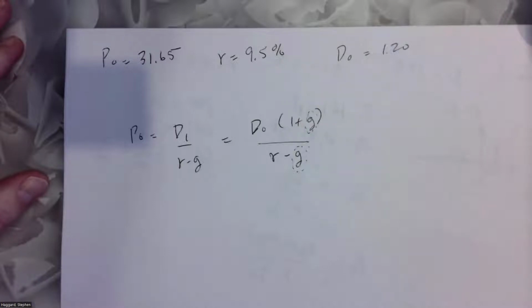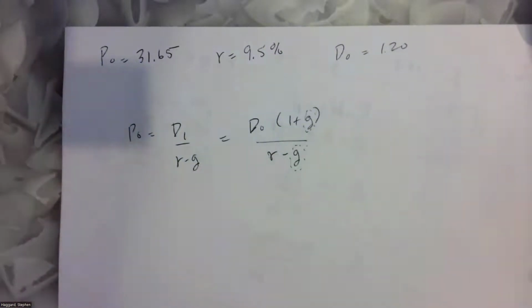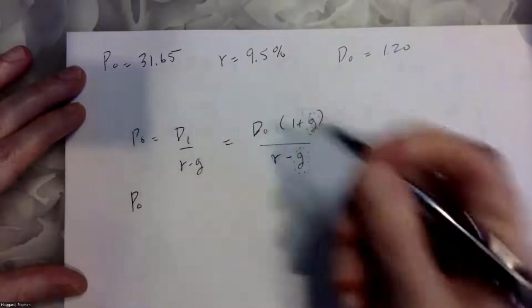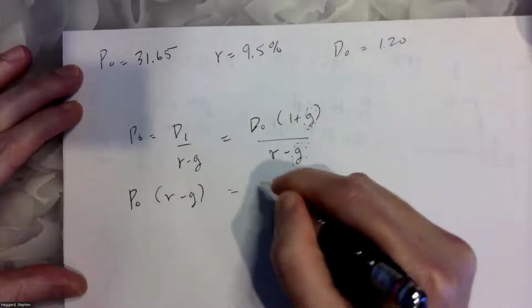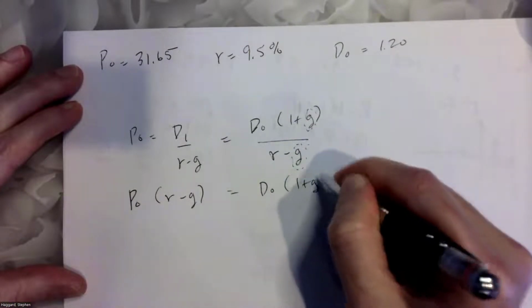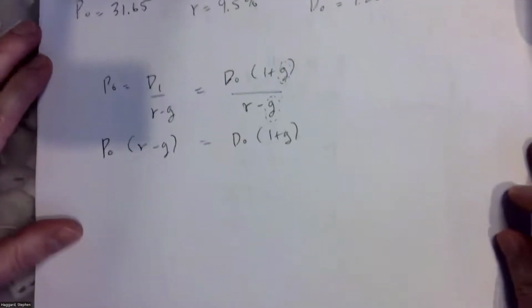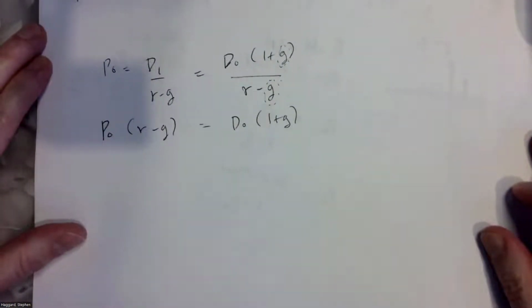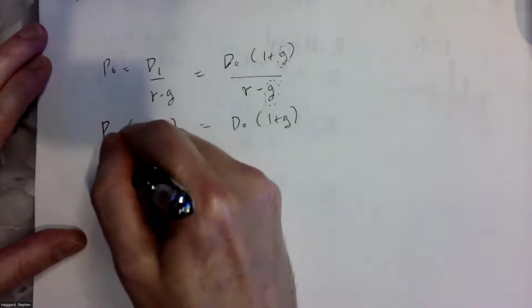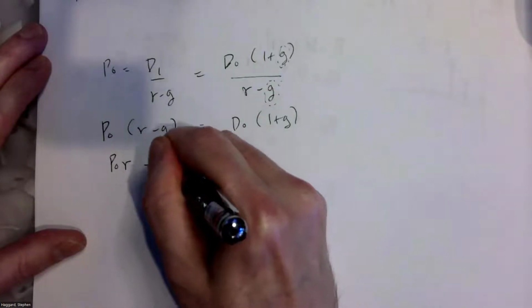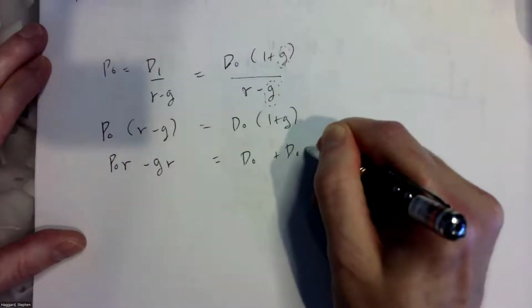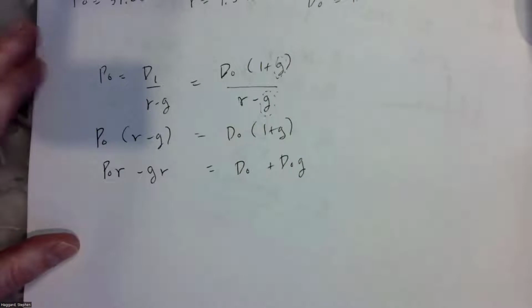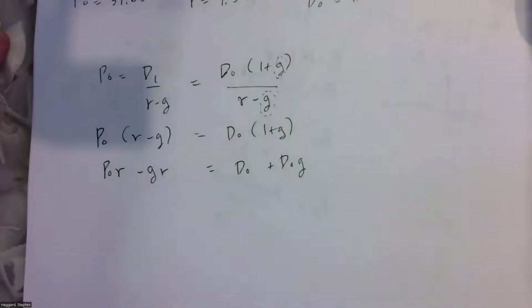So the first thing I'm going to do is multiply both sides by R minus G. And that's going to give me P0(R minus G) is equal to D0(1 plus G). Now the second thing I'm going to do is use the distributive property and say P0R minus P0G equals D0 plus D0G. Someone stop me if I break any algebraic laws. I think so far I am good.